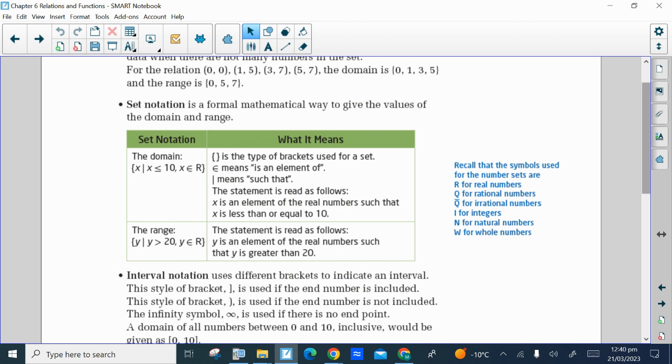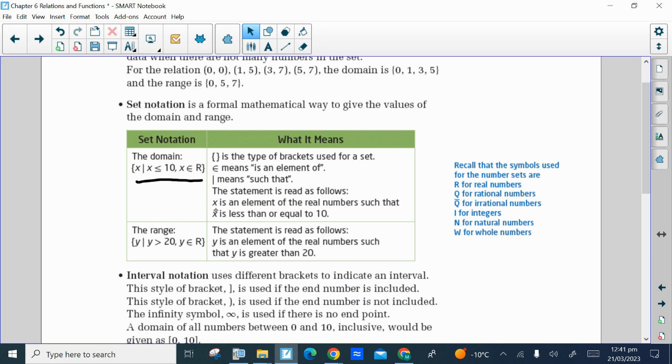Set notation is a formal mathematical way to give values of domain and range. So this statement here uses those squiggly brackets. Those are the types of brackets that we use for set notation. That funny looking E means is an element of. The line between the two X's means such that.